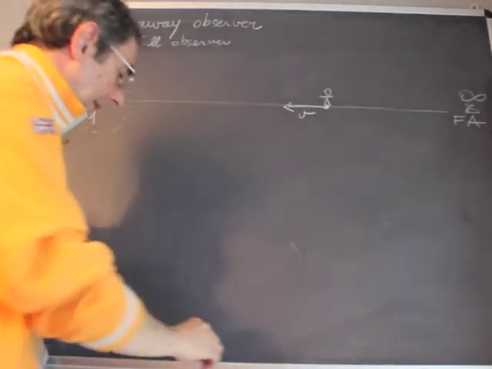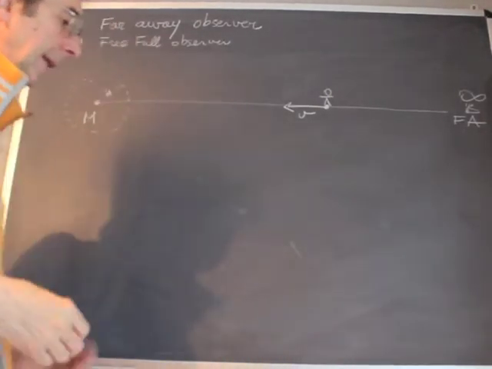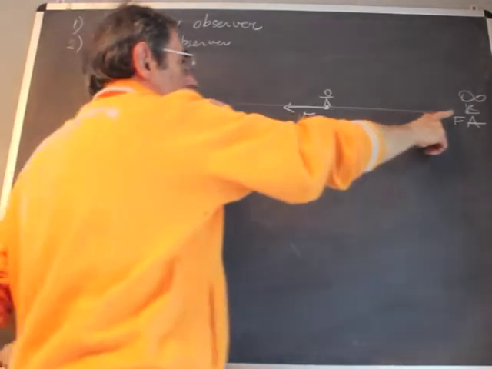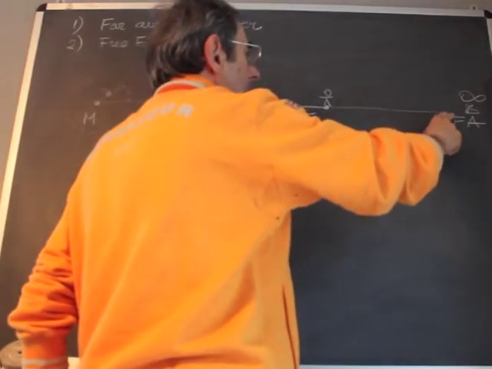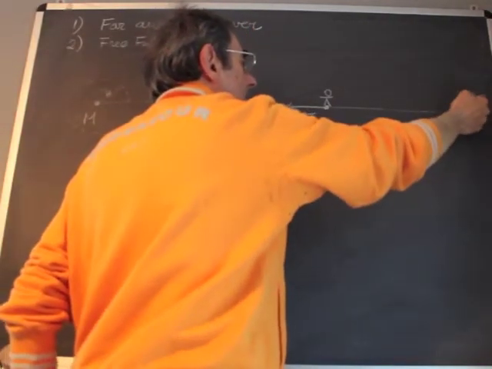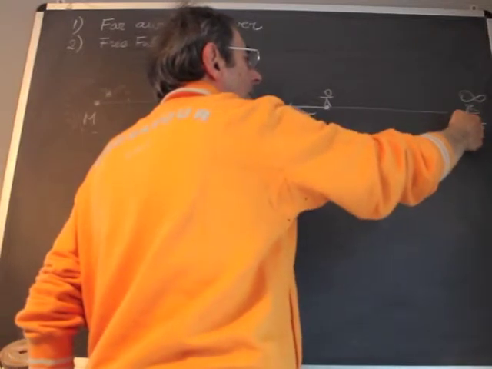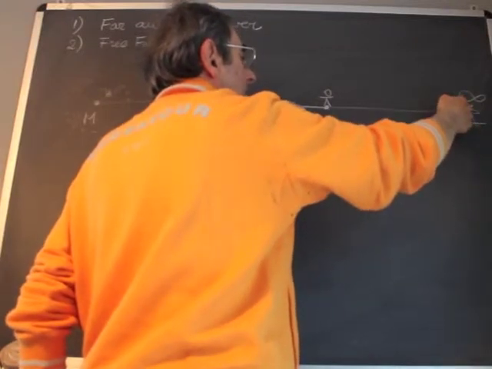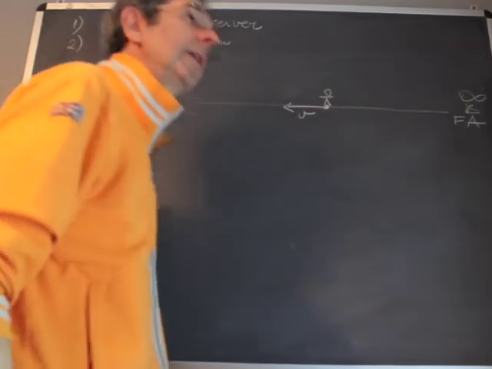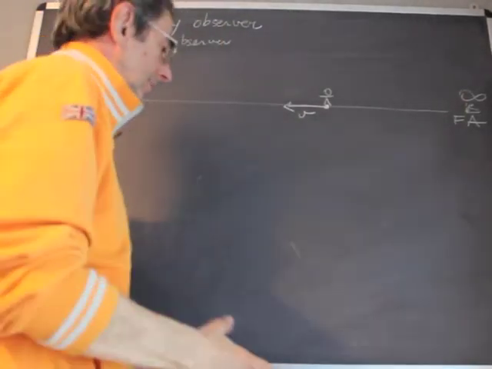The freely falling observer starts falling down from an infinite distance where the faraway observer is, with an initial zero velocity, with an initial zero speed.